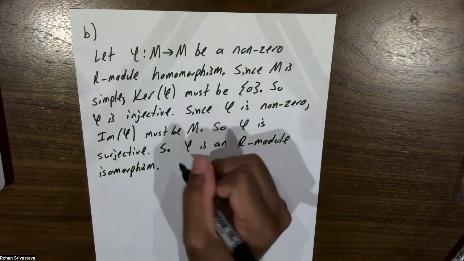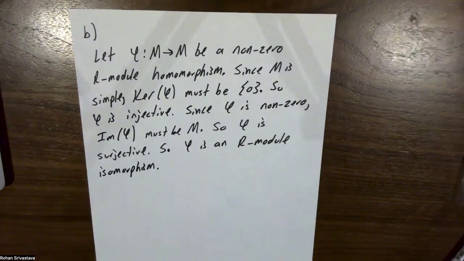In particular, phi was an arbitrary non-zero element. We're saying that it's an isomorphism, and in particular that there's some phi prime that we could compose it with, namely its inverse. That's also an R-module homomorphism, and that will give us the identity map, which is the one element of this endomorphism ring.